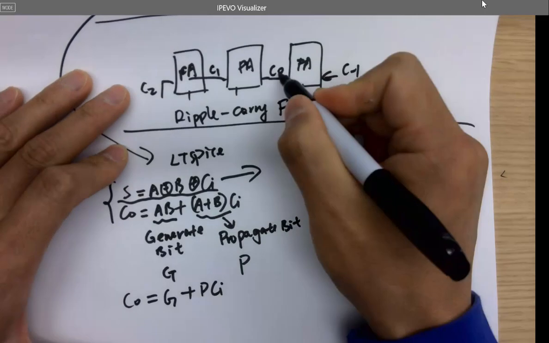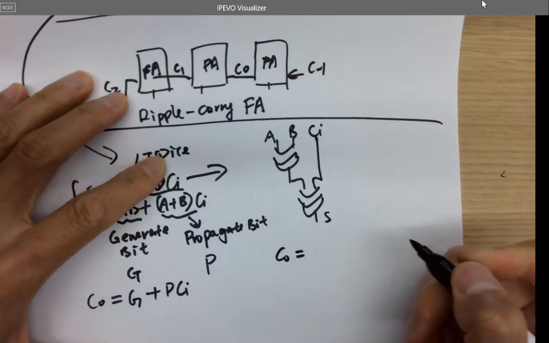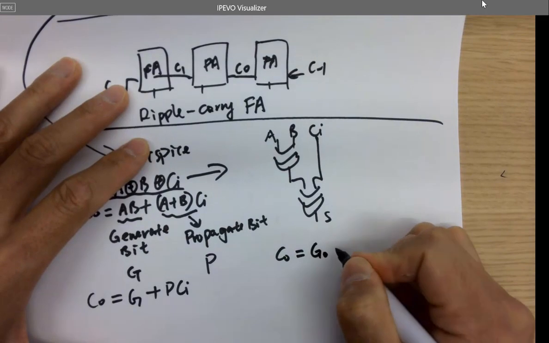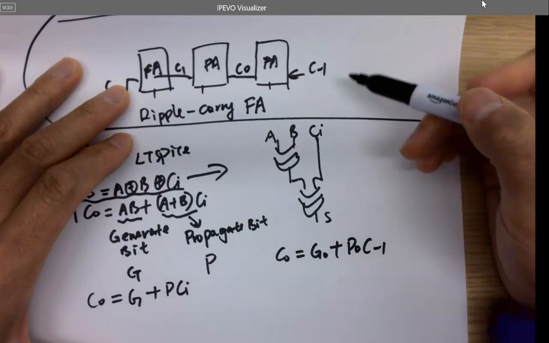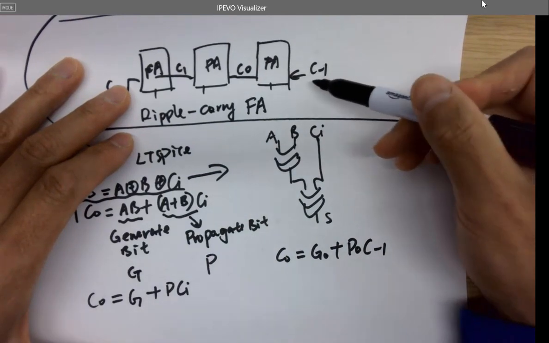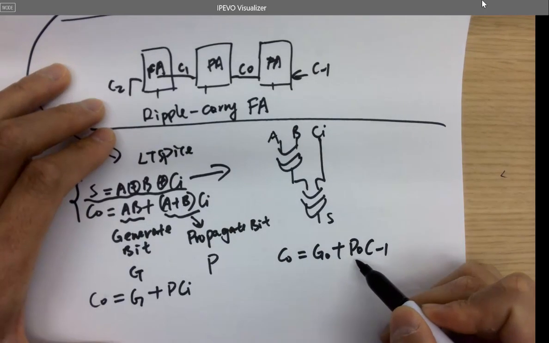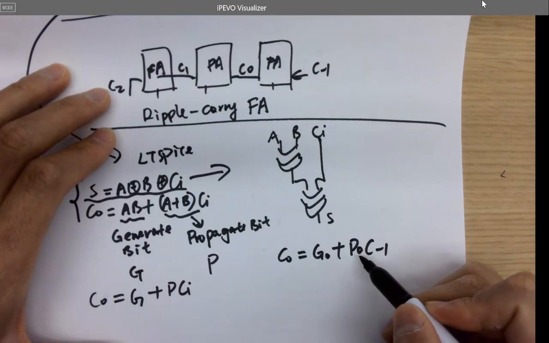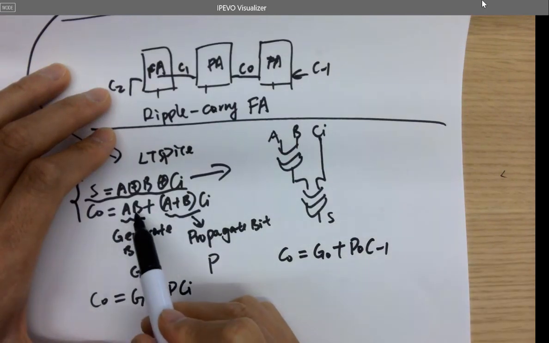C0 equals G0 or P0 and C minus 1. C minus 1 is the carry in; it's just my way to name it. P0 will be A0 or B0, and A0 and B0 will be G0.